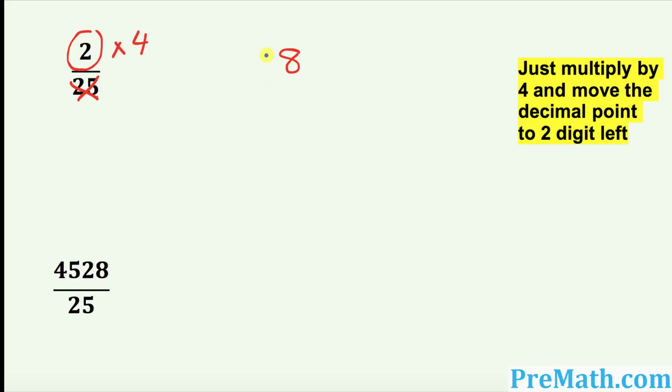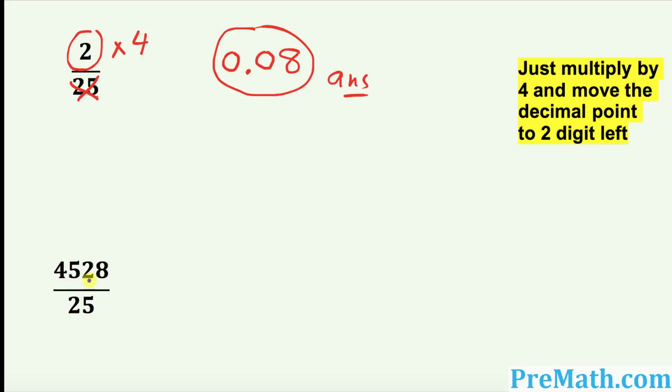I can write as many zeros on the left hand side, isn't it? I can write these zeros, I can write as many. So be careful. And now I can move this decimal 2 digits to the left. So our answer is going to be 0.08. Awesome.